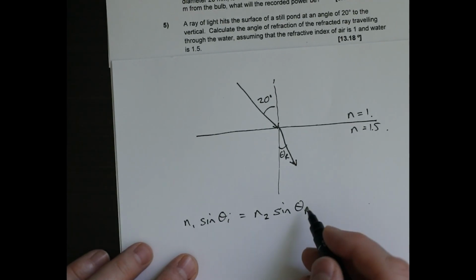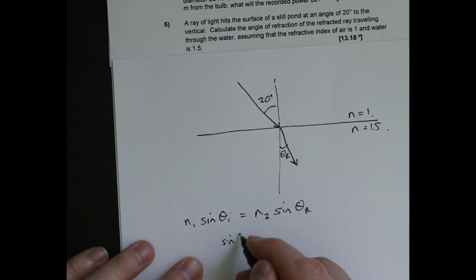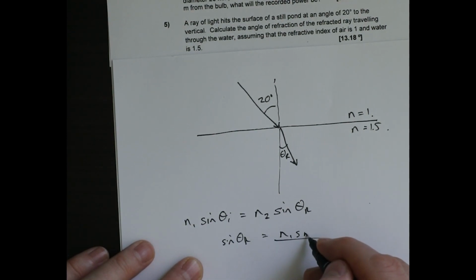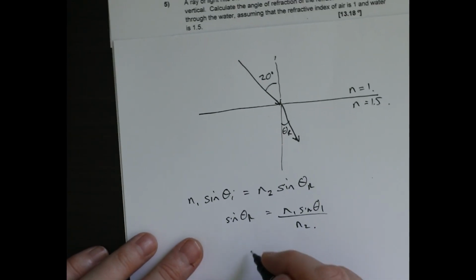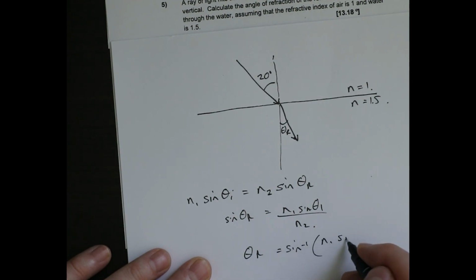So we can rearrange that. We want to calculate theta r, so if I just divide both sides by n2, sine theta r is equal to n1 sine theta 1 divided by n2. So theta r is just going to be sine to the minus 1 of n1 sine theta 1 divided by n2.